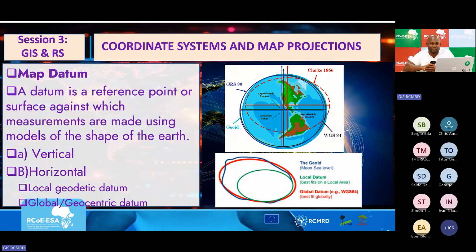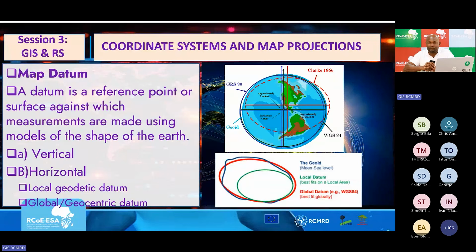You can start your measurements either from the center of the earth for global measurements. Now, for localized measurements, you need to establish a local point within your ecosystem, within your habitat, where you'll start all your measurements. So we have the local geodetic datum and we have the global geodetic datum.